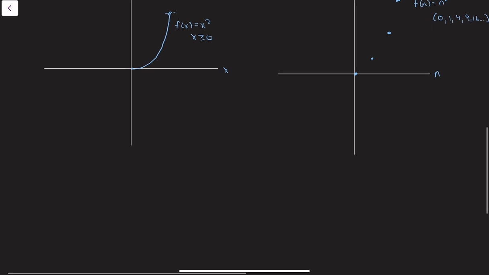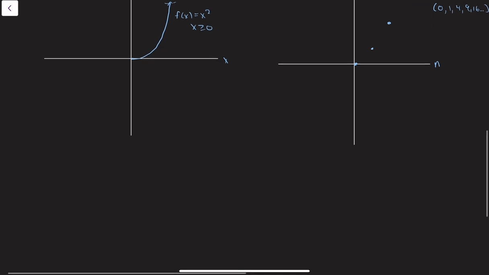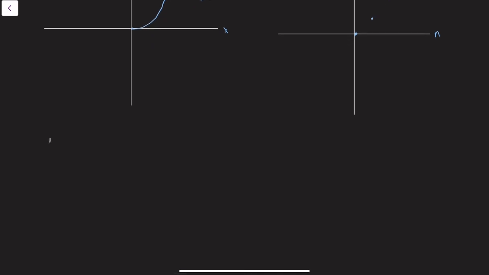But essentially we need to understand limits to deal with some of these problems in sequences. So a limit, we'll do it briefly without getting into too much of the mathematics.